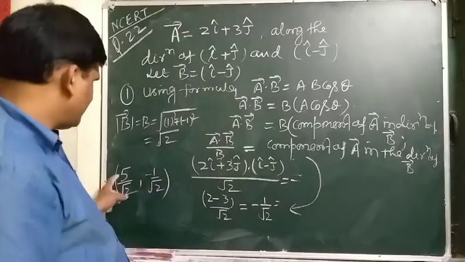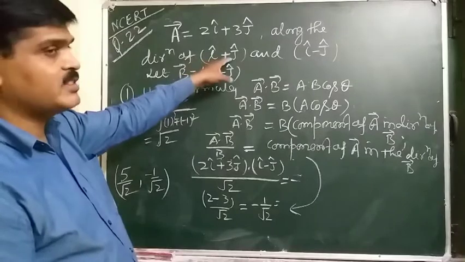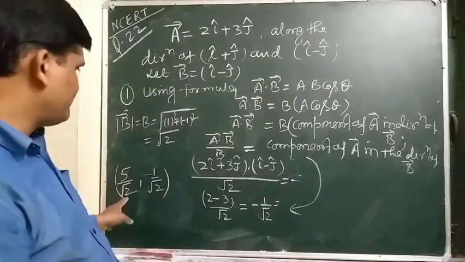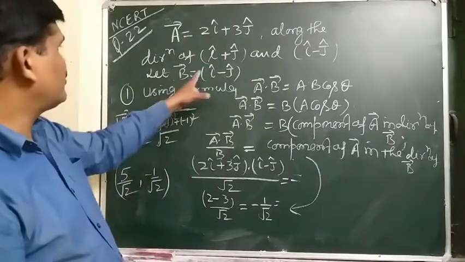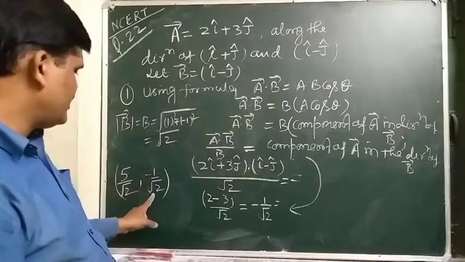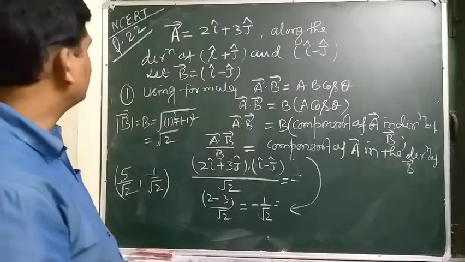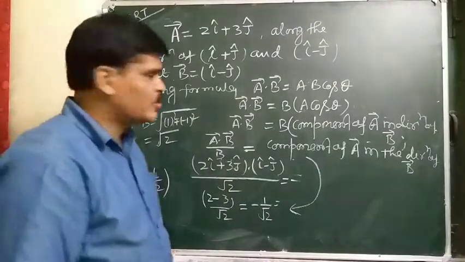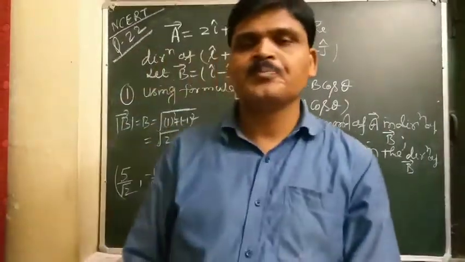So the answer is 5 by root 2 in the first case, and in the second case minus 1 by root 2. So the component of A in the direction of i cap plus j cap is 5 by root 2, and the component of A in the direction of i cap minus j cap is minus 1 by root 2, and this is the answer of question number 22. Thank you.